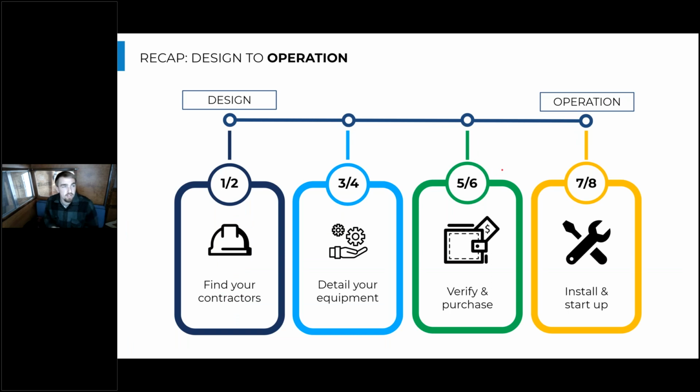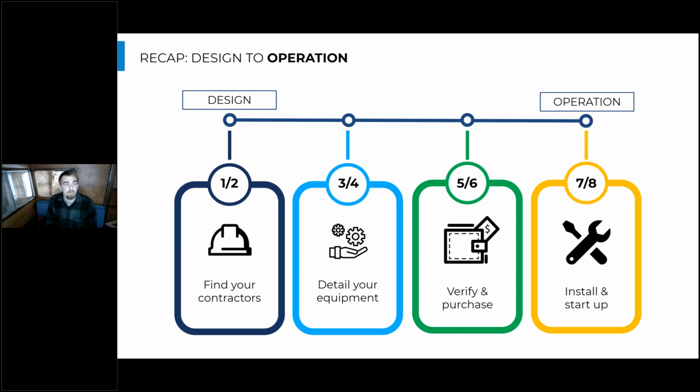And in session 3, the content we covered was the transition between design and operation. So getting design drawings from the engineer and tuning in all the details for the equipment to allow it to operate reliably in the future.